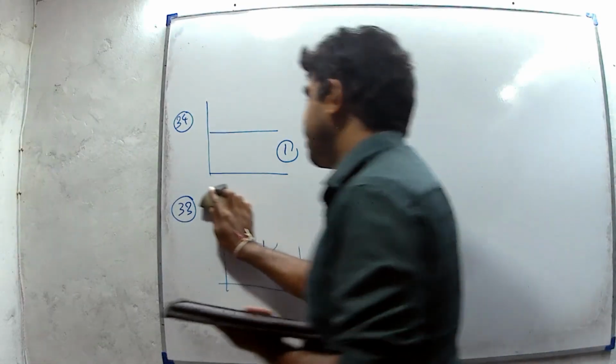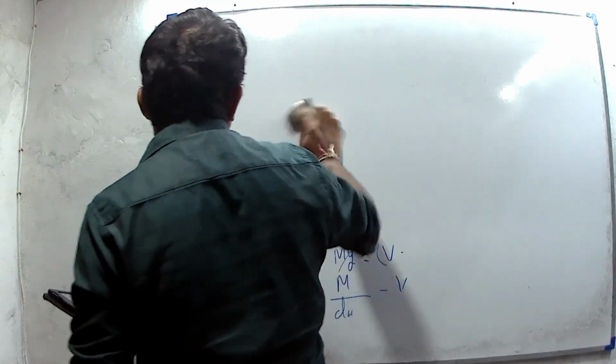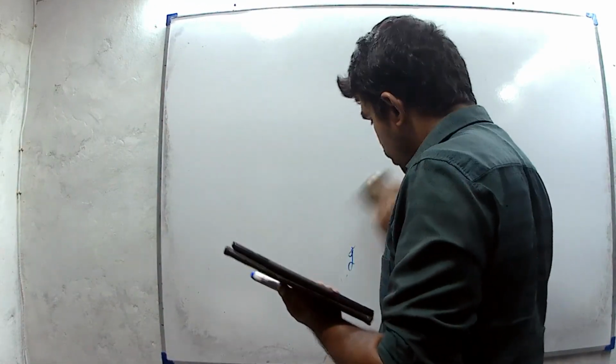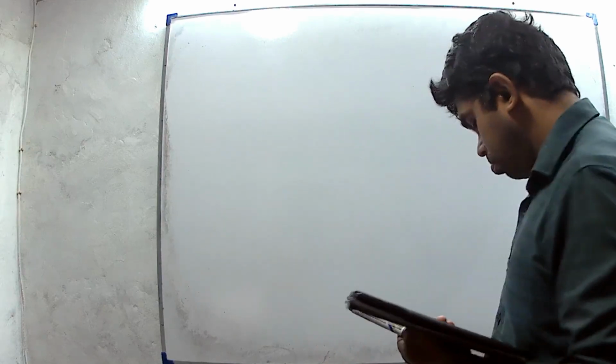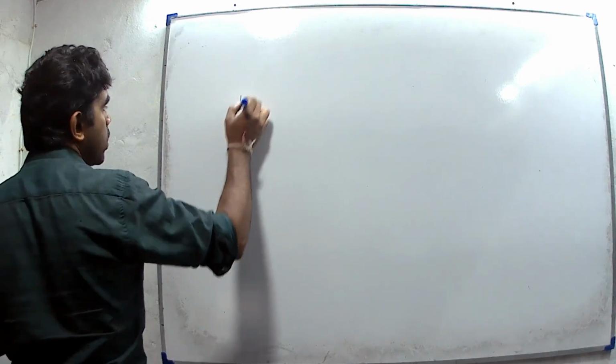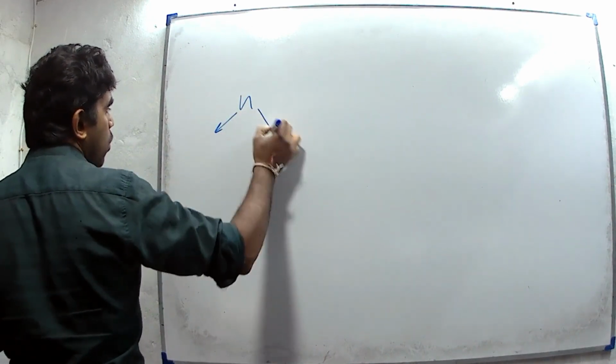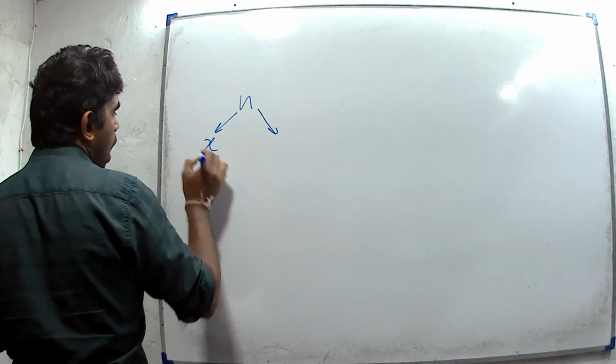There are simply n number of balls. Out of n number of balls, X are glass balls.